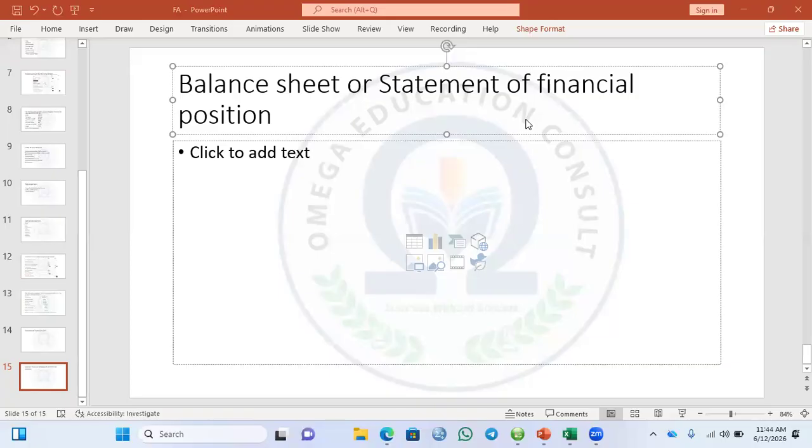Okay. Stacy, let me hear your version as well if you have anything on this. A balance sheet shows what a company owns versus what a company owes.